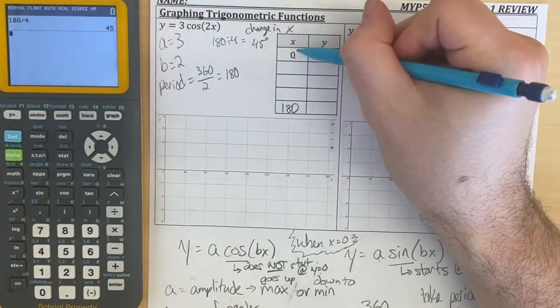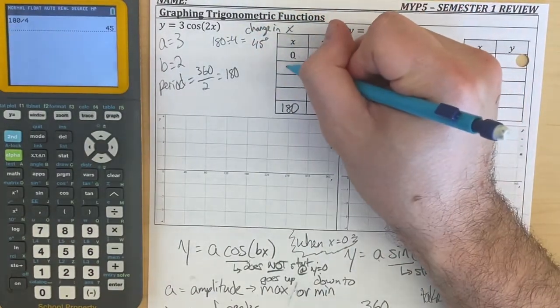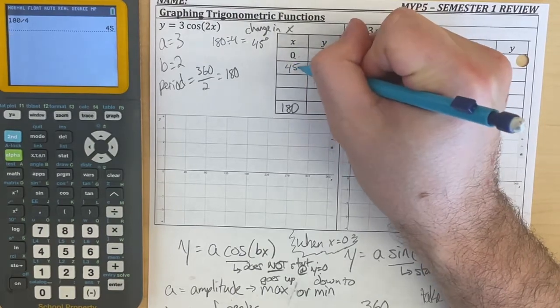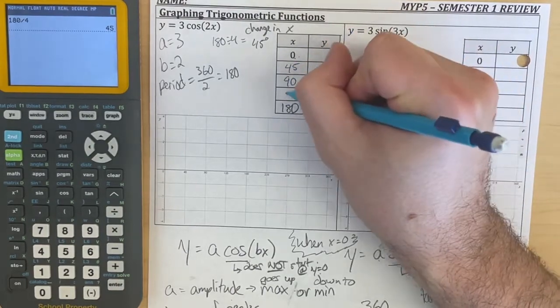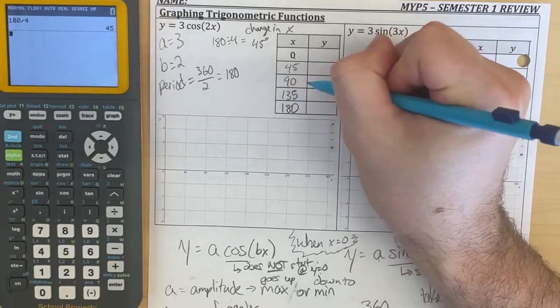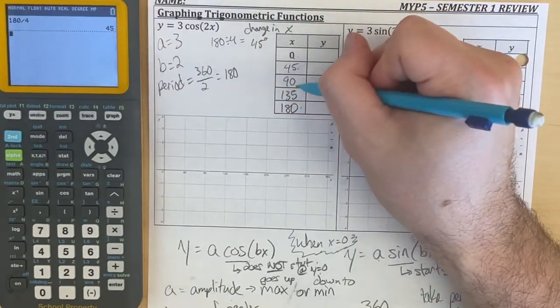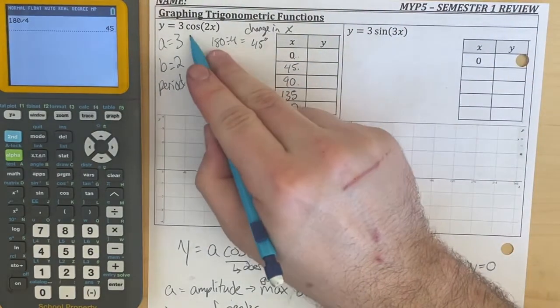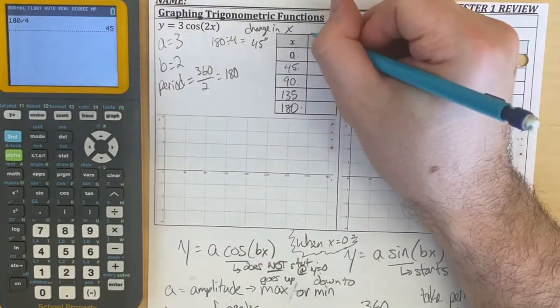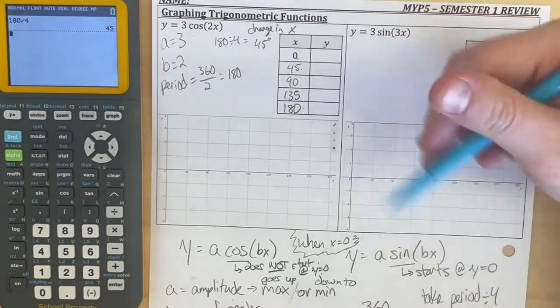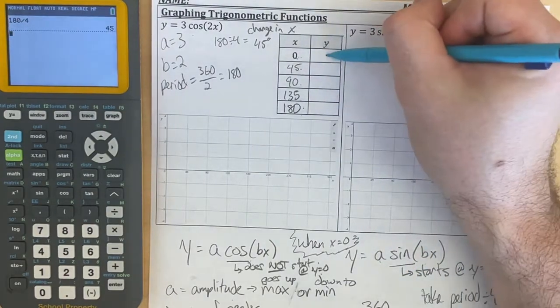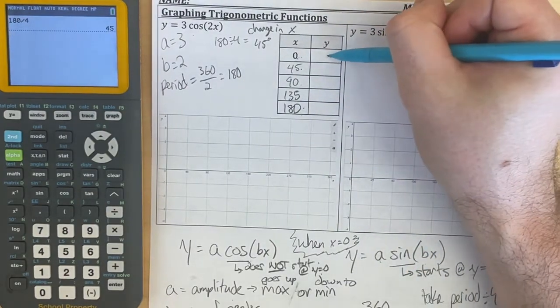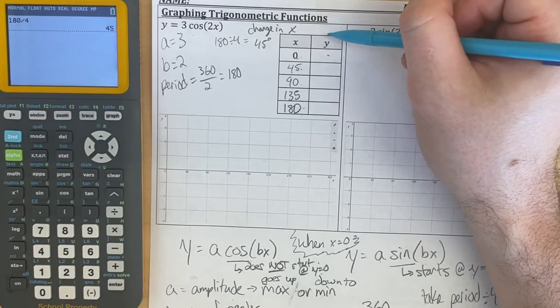When I fill out this table, I have 45. What's my next value? 90, 135, and 180. These are my first 5 points to make a full rotation. Since we have cosine, it does not start at y equals 0. It has to start at your max.